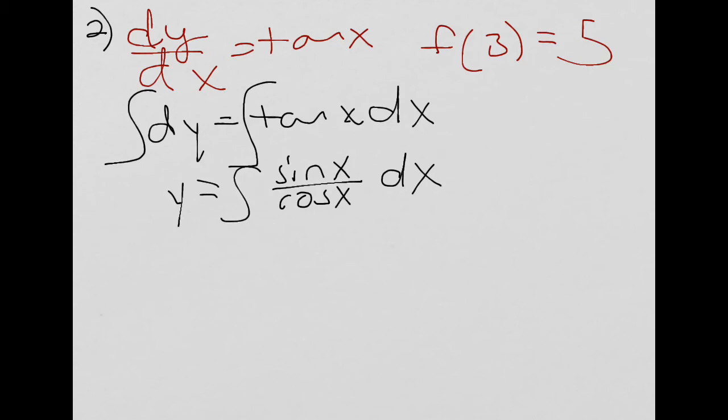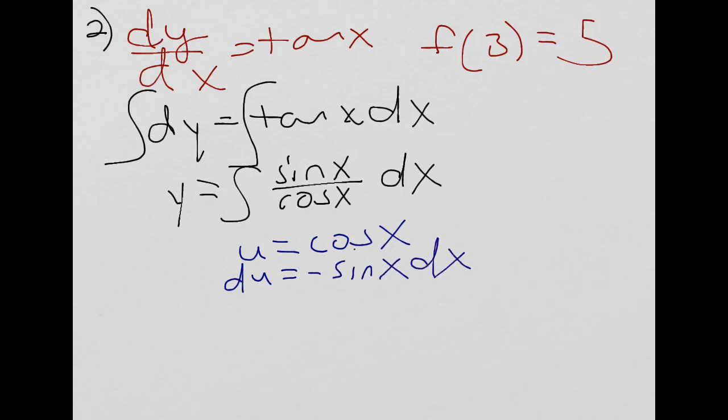So we can use substitution, try out the denominator first, and it works out nicely because the derivative of cosine of x is negative sine of x, write dx here. And all of that is going to be replaced with a negative du.